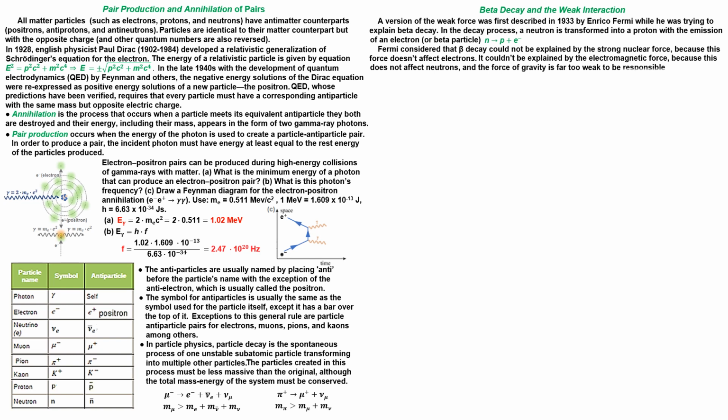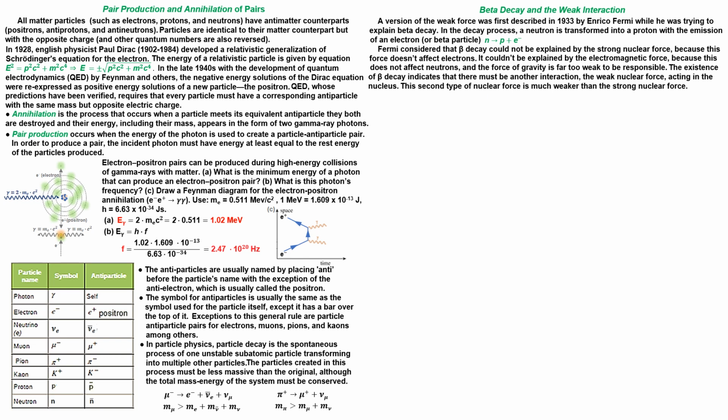And the force of gravity is far too weak to be responsible. The existence of beta decay indicates that there must be another interaction, the weak nuclear force acting in the nucleus. This second type of nuclear force is much weaker than the strong nuclear force.